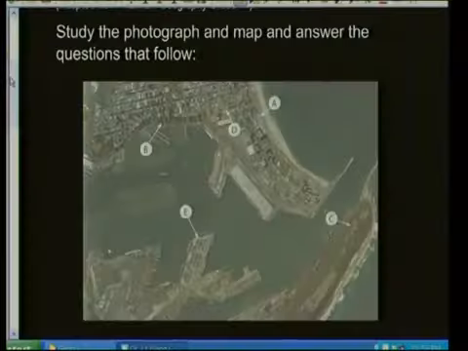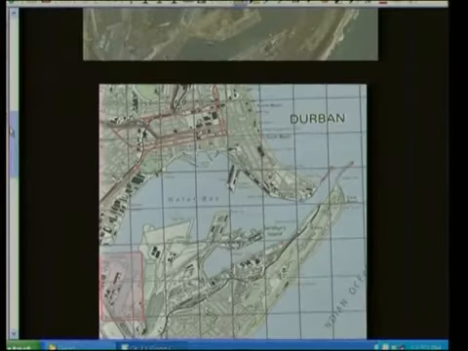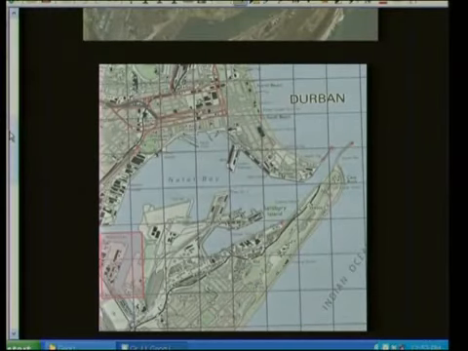I can't see much. I see A, D, C, E, B. I'm not even sure what they are. Again, bringing in the point about orientating your map to your photograph. Now all of a sudden, looking at it here, I'll be able to find the features because names will be given here, symbols will be given on the map.